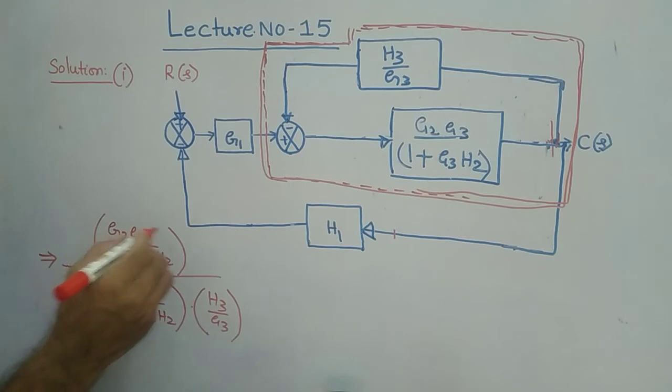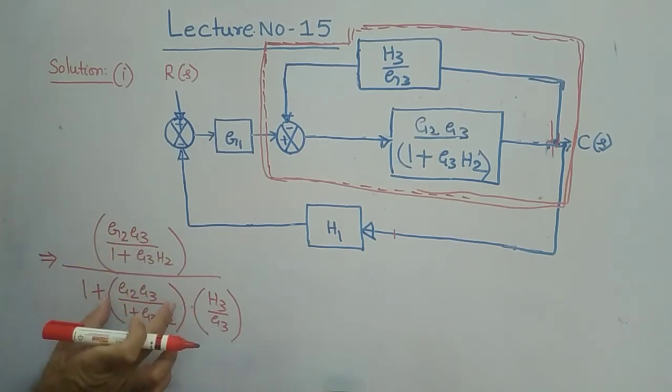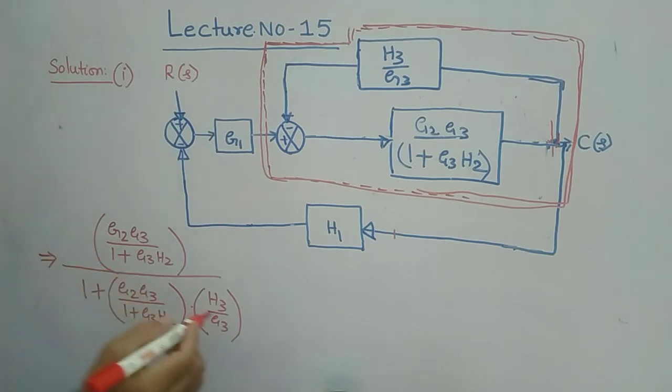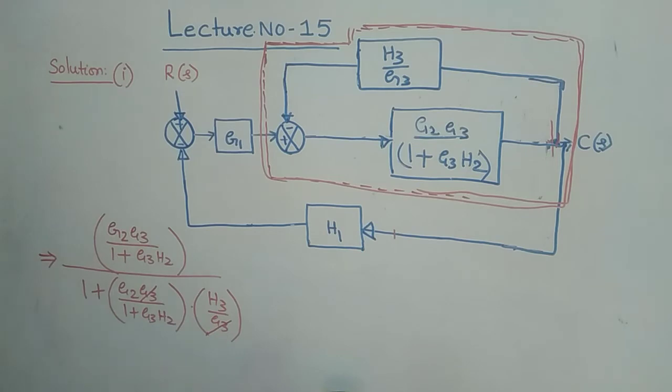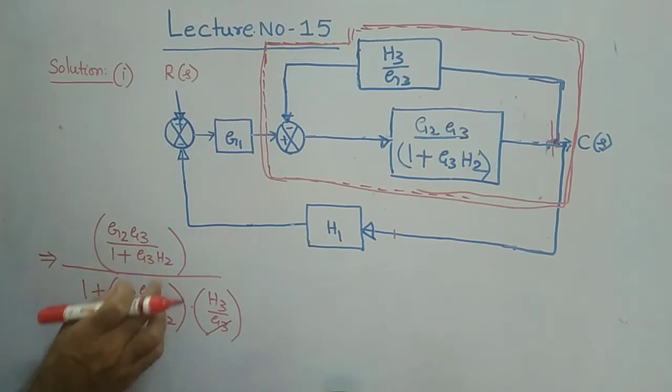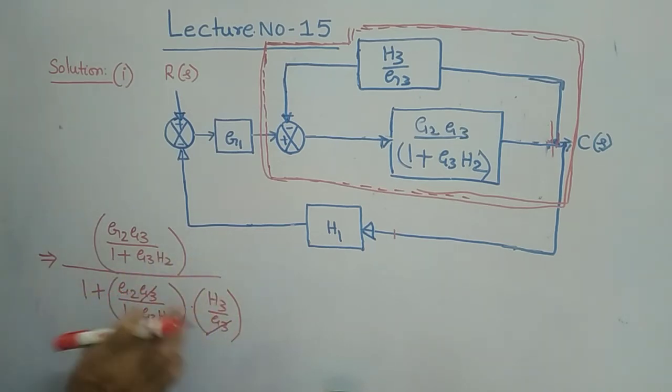If you carefully see this, 1 plus this gain into feedback. Then in the denominator G3 is there, in the numerator G3 is there, both will be cancelled out, because this is multiplied with this only, is it not? 1 plus G into H. Therefore G3 will be cancelled out.